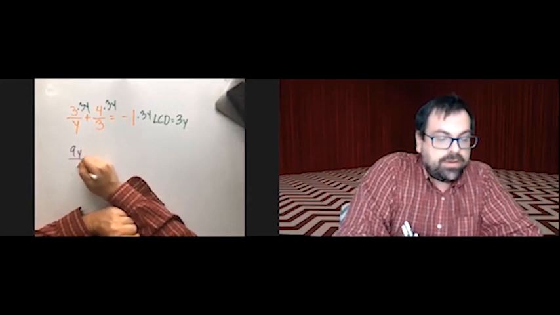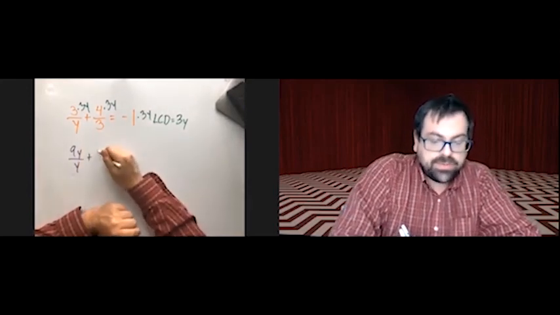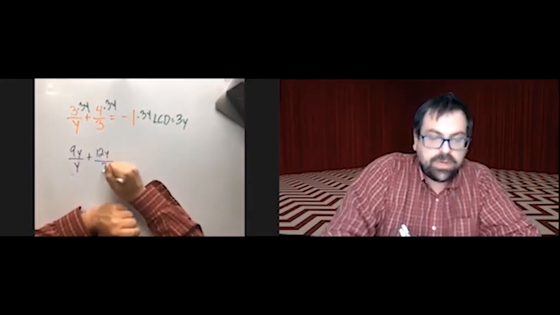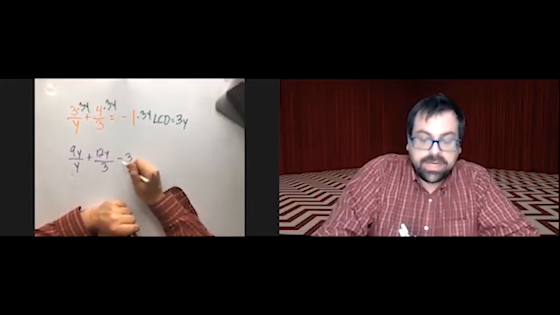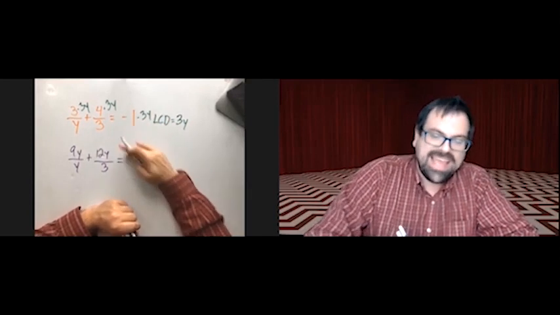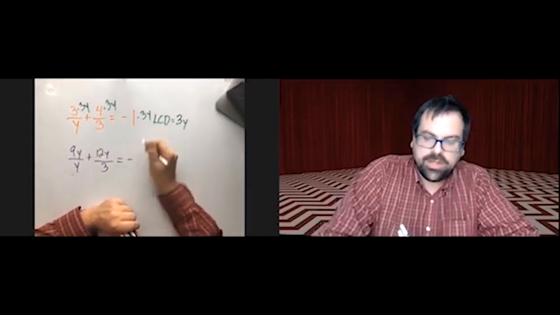That's 9y over y plus 12y over 3 equals minus 3y.